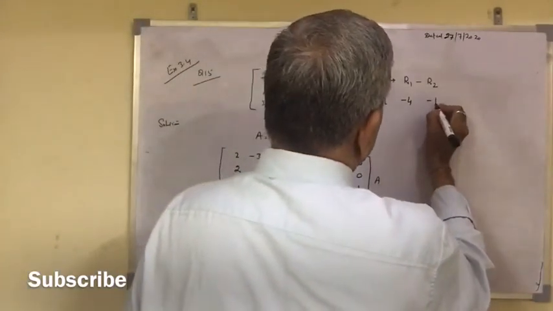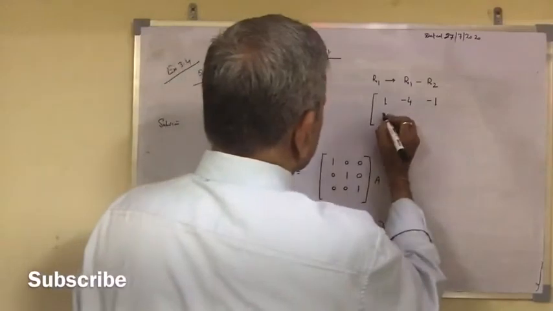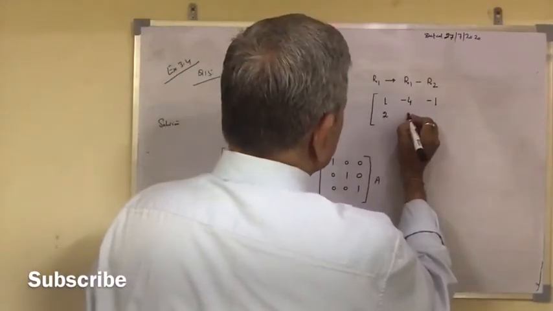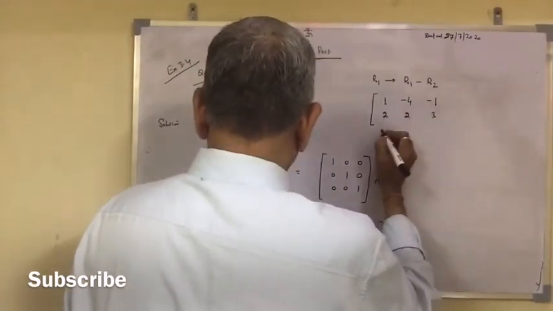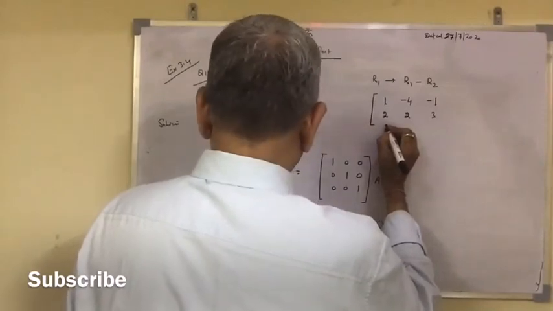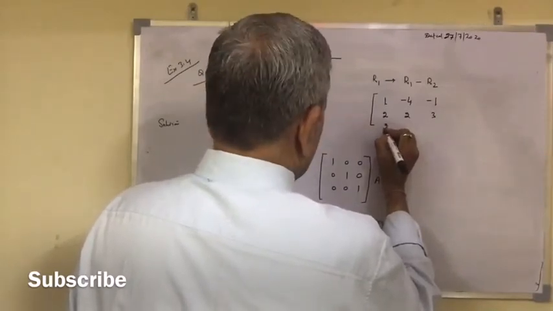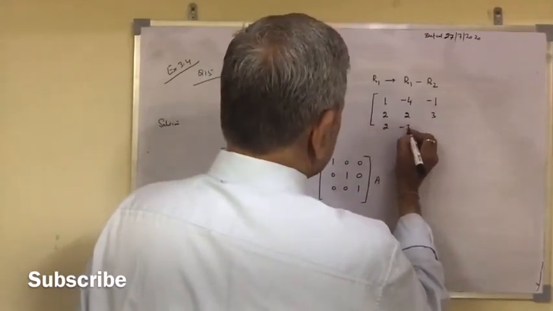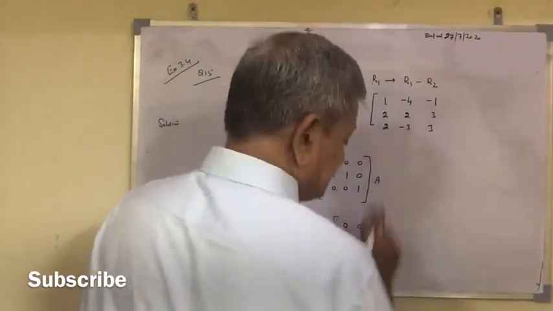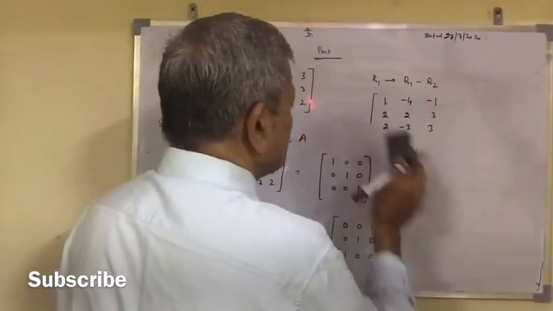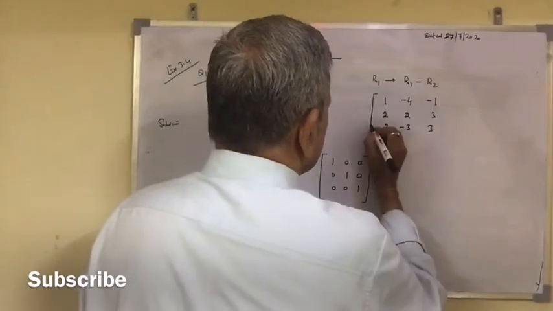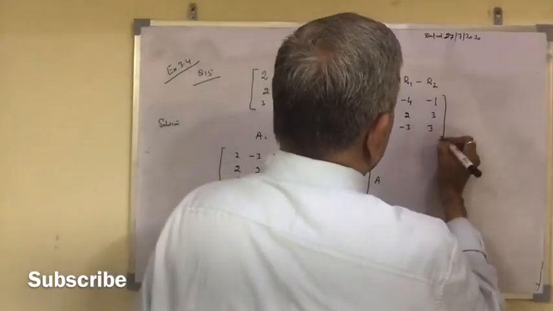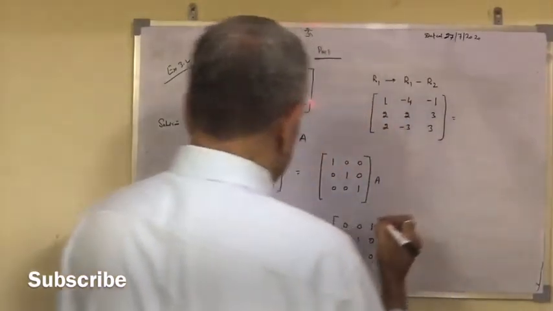The rest of the figures are the same, that is 2 2 3 and 2 minus 3 3. You have to keep this figure as it is, and the same operations are done on the right hand side.